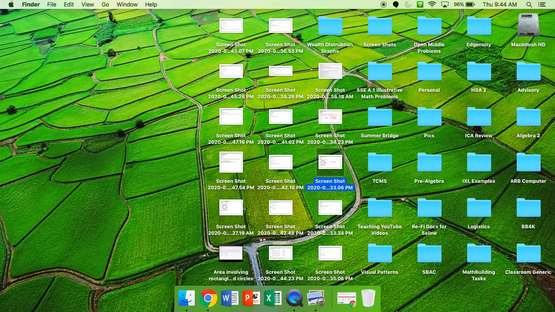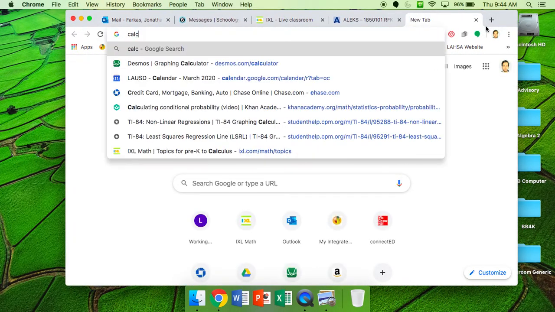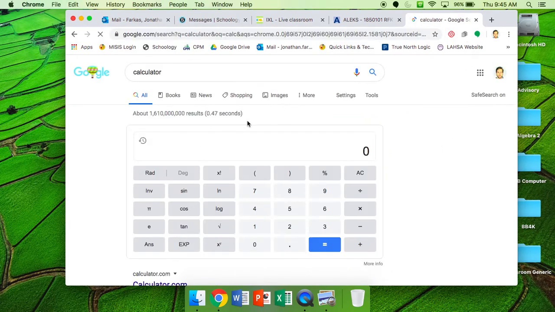So we're doing 3.14 times 17 to the power of 2, right? It's going to give us 907.46.